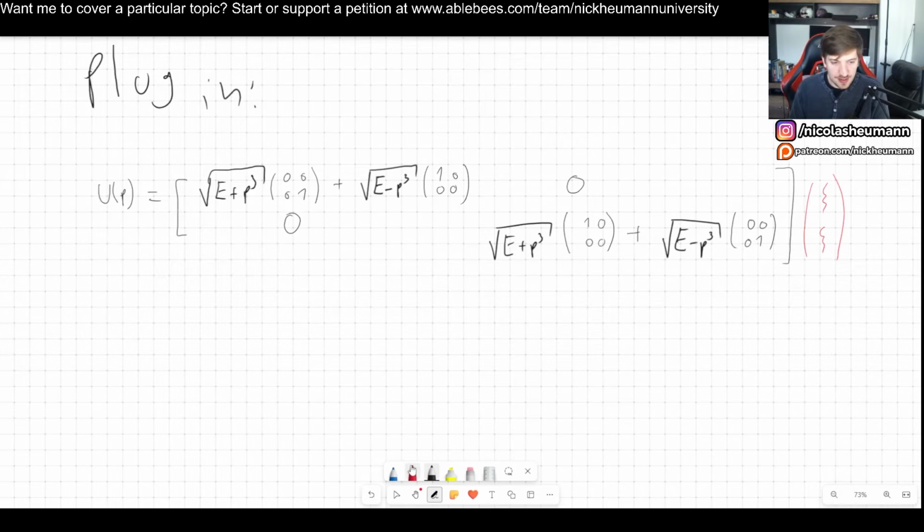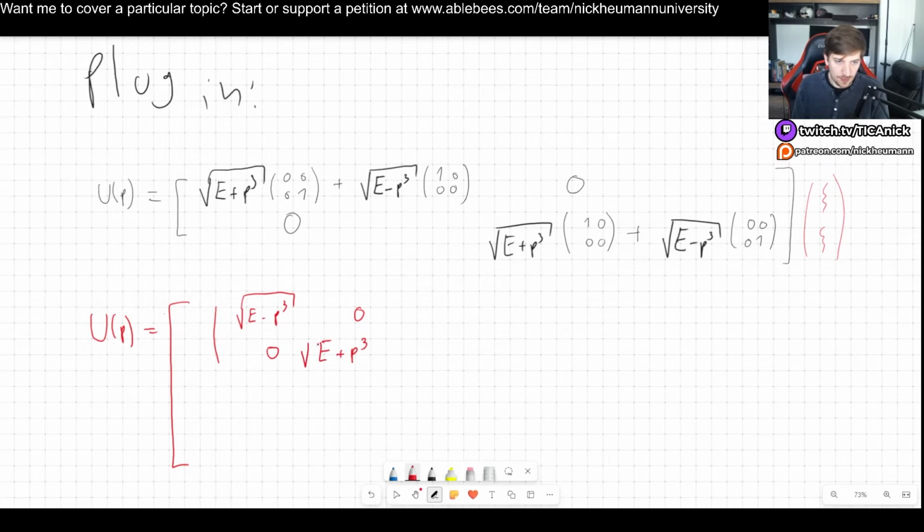So now let's multiply inside of this little thing. So here we have, let's combine everything in the upper left quadrant of the matrix. So this would be square root of E minus P3, 0, 0, square root of E plus P3.